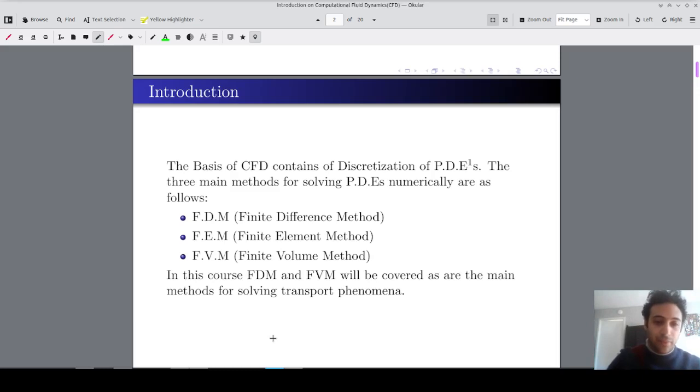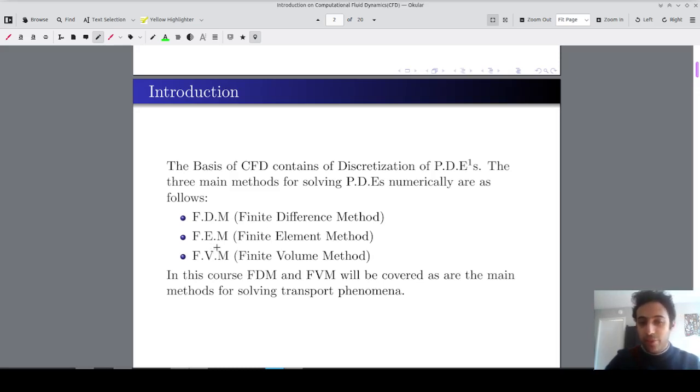CFD contains mostly three methods: finite difference method, finite element method, and finite volume method. In CFD courses, mostly just FDMs and FVMs are covered.